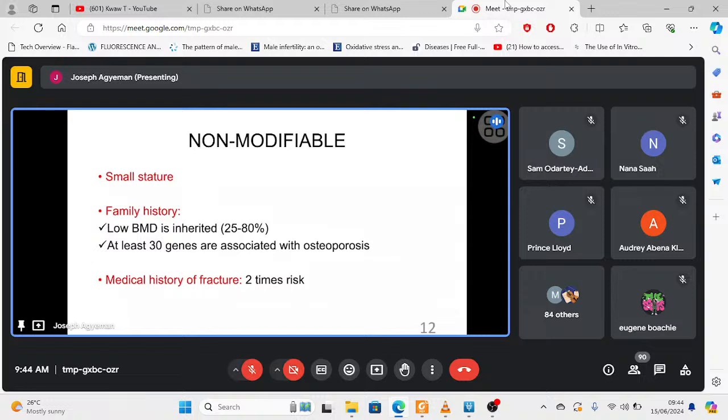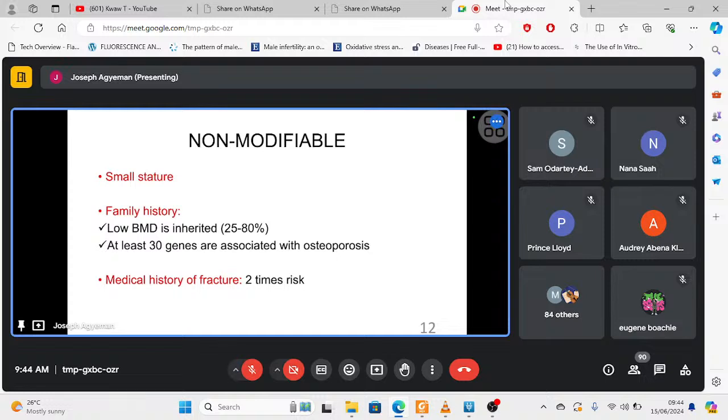Now, small stature. If you are born with a very small stature, you have tiny bones. Tiny bones can break easily as compared to somebody who has a wider frame, heavy bones. It's just your genetics. Your bones are tiny and they can easily break with the slightest force or pressure applied.